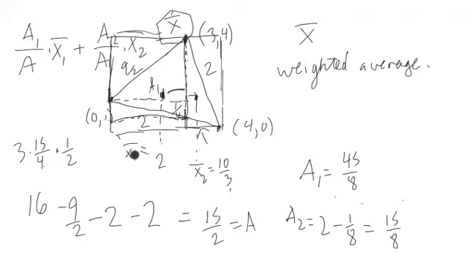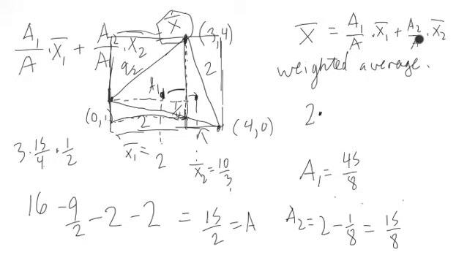So let's look at these values for x1 bar and x2 bar and work through that. So x1 bar is 2. And we're going to multiply that by A1 over A, right? And we computed A to be 15 halves. We're doing A1 over A times x1 bar, plus A2 over A times x2 bar.